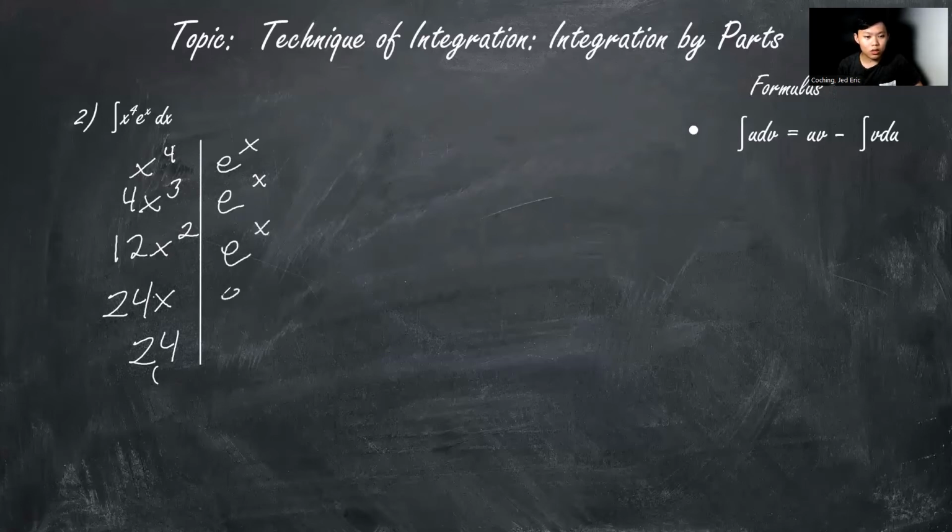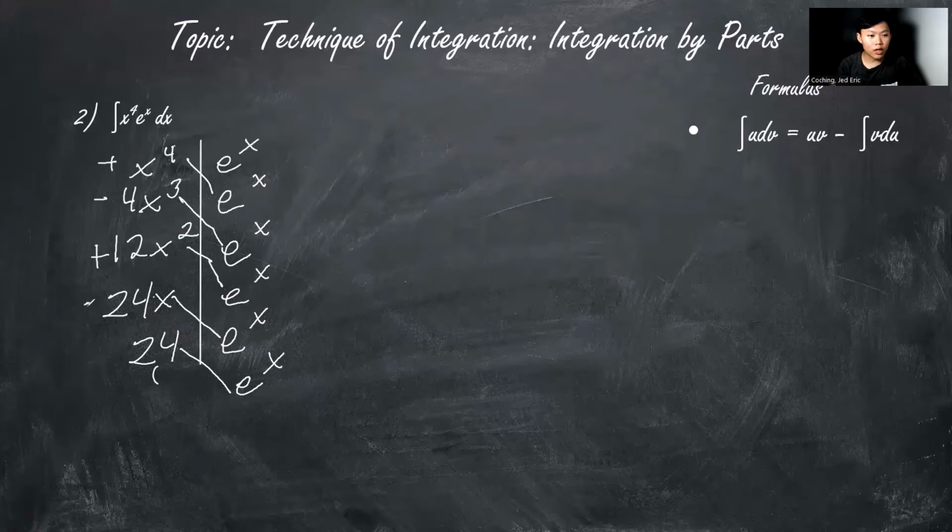So just copy. Now connect these, and don't forget to mark them positive, negative, positive, negative, positive.